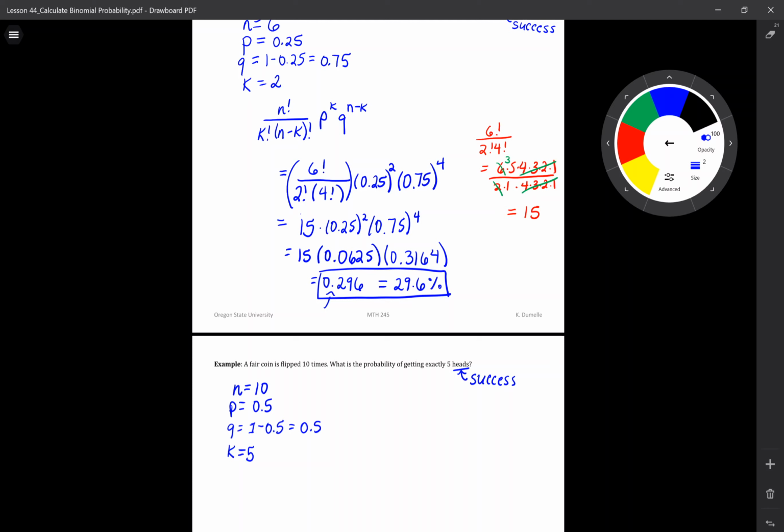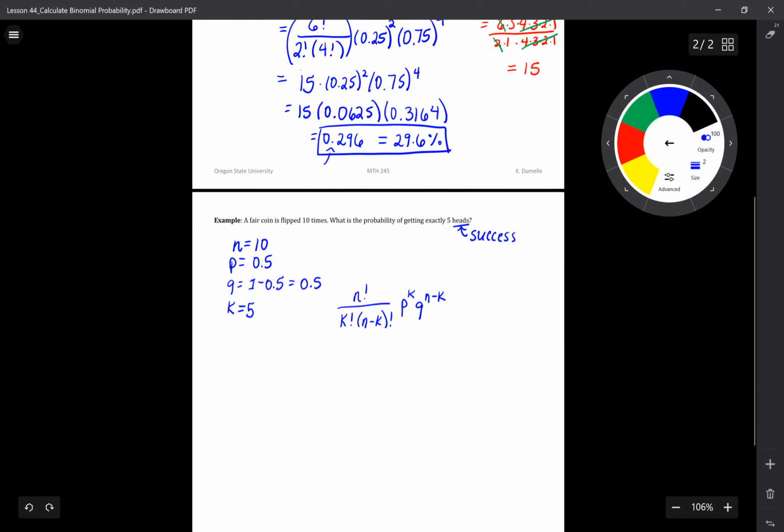So our formula says that the probability of getting exactly 5 successes is n factorial divided by k factorial times n minus k factorial, times p to the power of k times q to the power n minus k. Plugging in our numbers, n is 10, so we get 10 factorial over k is 5, and n minus k is also 5.